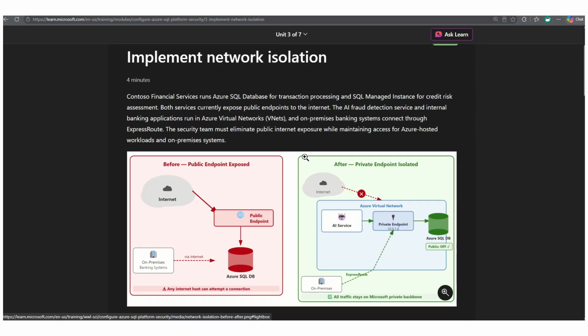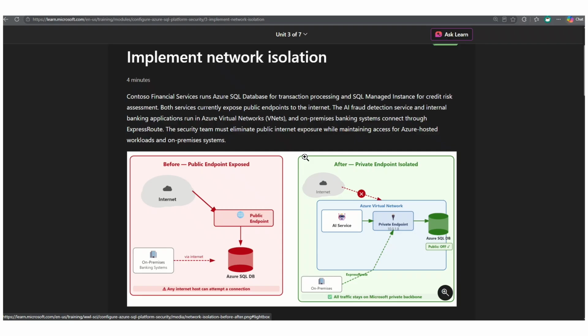So in this case, Contoso Financial Services runs Azure SQL Database for transaction processing and SQL Managed Instance for credit risk assessment. Both services currently expose public endpoints to the internet.